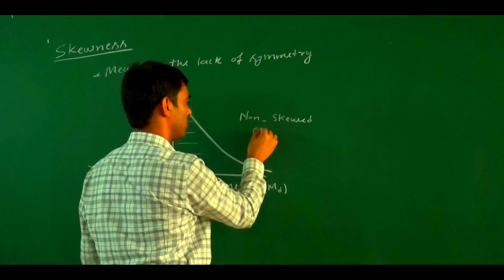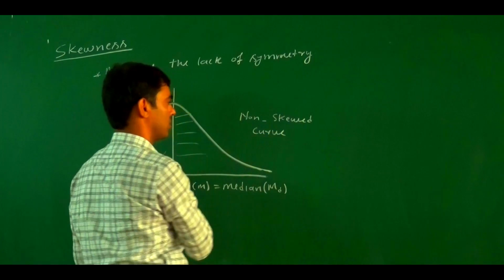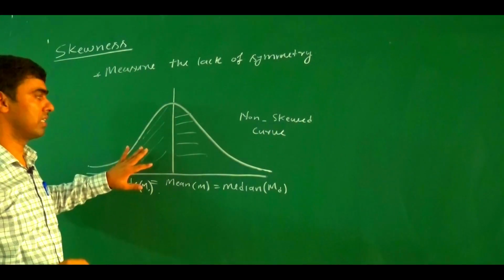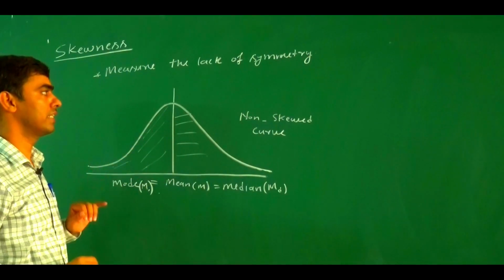A skewed curve means there is asymmetry, either in a positive direction or a negative direction.